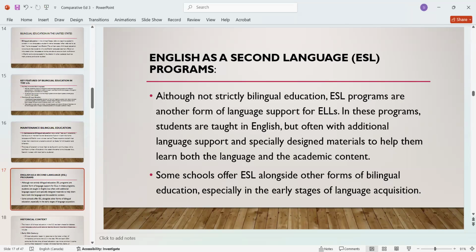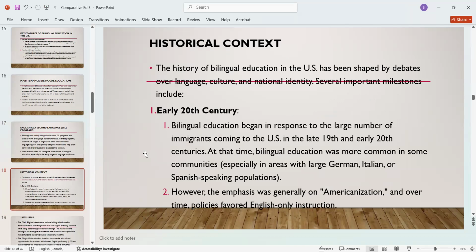Right. So bilingual education is something different. You're using mother tongue as well as English, but English as a second language means you're learning English. They're teaching simple English to you to understand and continue the degree program.